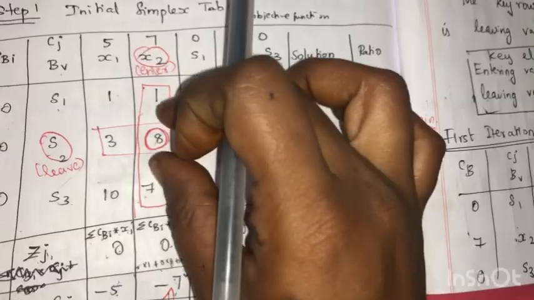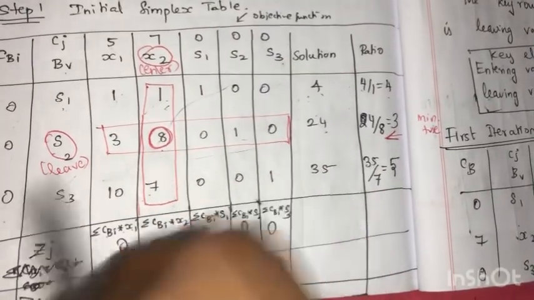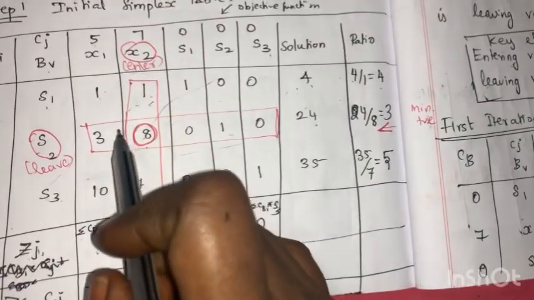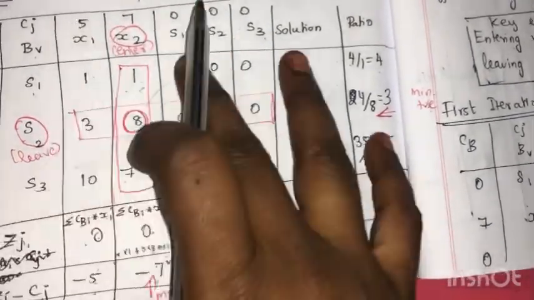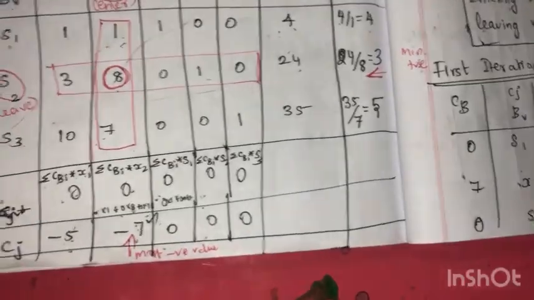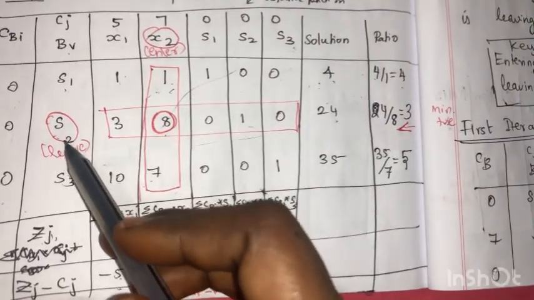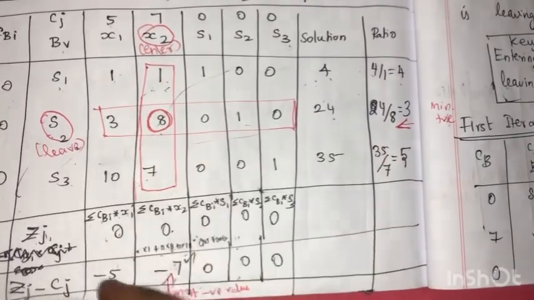The element which coincides with the key row and the key column is called the key element. Here our key element is 8. So we found out the key column, key element and also the key row. Now the key row leaves and the key column enters the table.